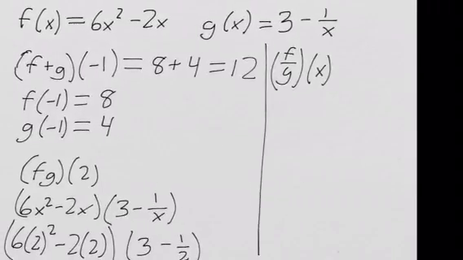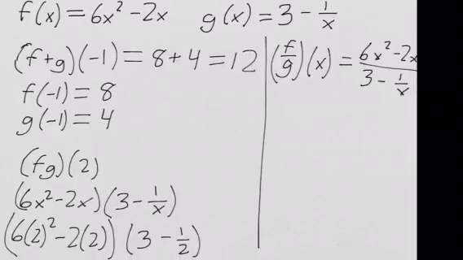so we're going to go ahead and plug in our f of x and g of x. So 6x squared minus 2x over 3 minus 1 over x. So the first thing I want to do to simplify this is I'm going to multiply both the numerator and denominator by x to get rid of the denominator in the denominator.